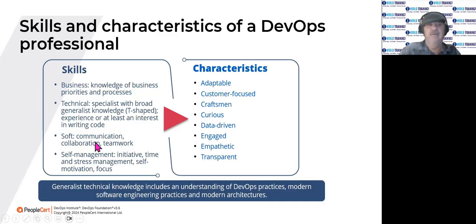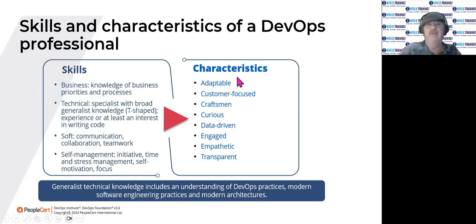Soft skills as well: being a good communicator, collaborator, team player, self-management, initiative, time management, and stress management, self-motivated. Definitely this, it's a busy job, and stress can happen. So managing stress is also a key part of your skill set.